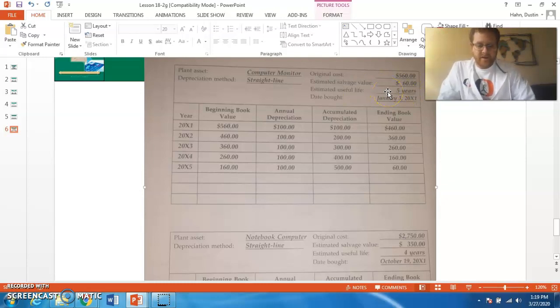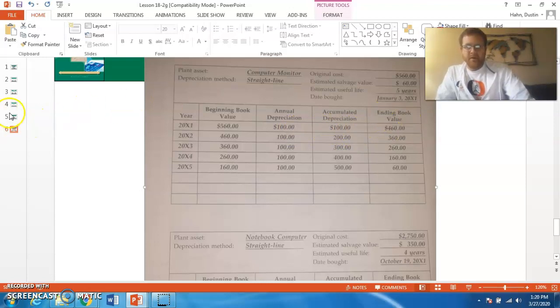So $500 divided by 5 equals your $100. So this is where that $100 comes into play, because each year, this computer monitor will depreciate $100. Accumulated depreciation, so far you've only had $100 accumulate, so that's why that's 100 right there.